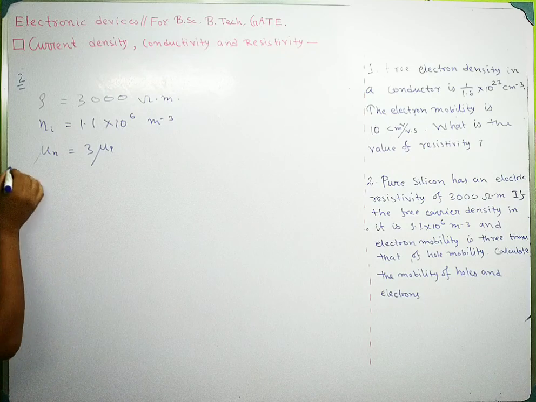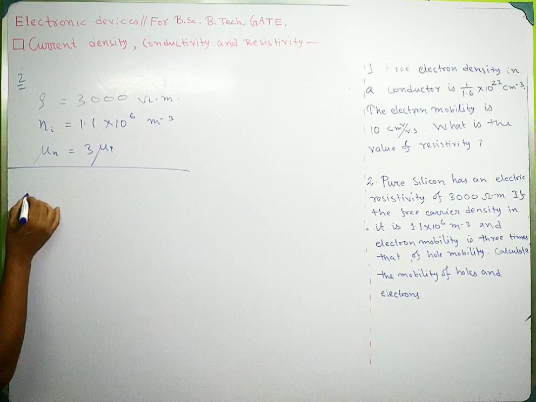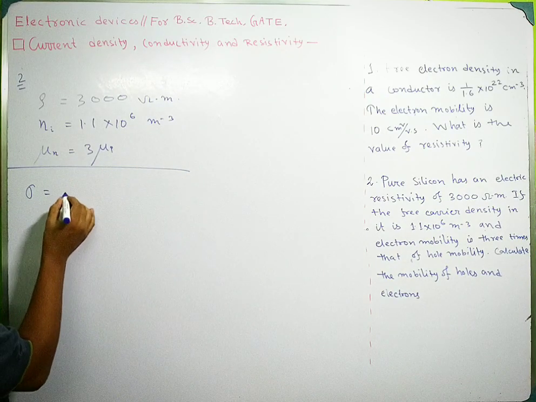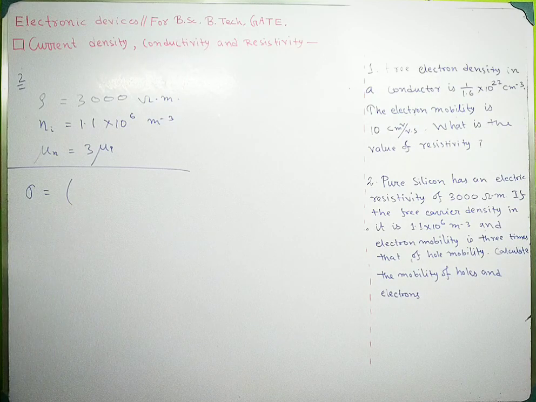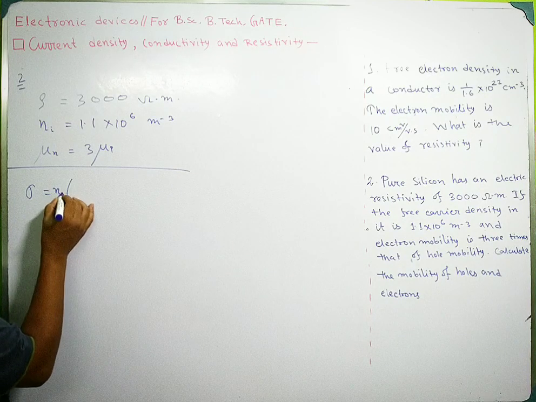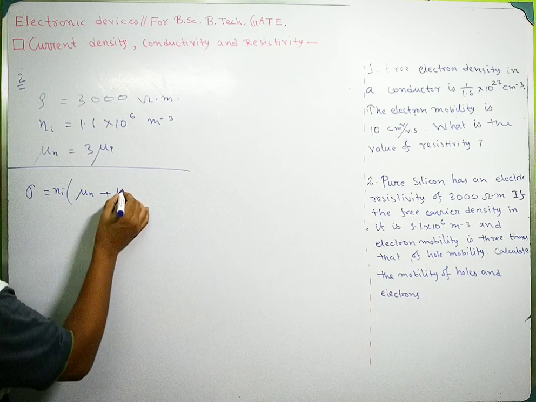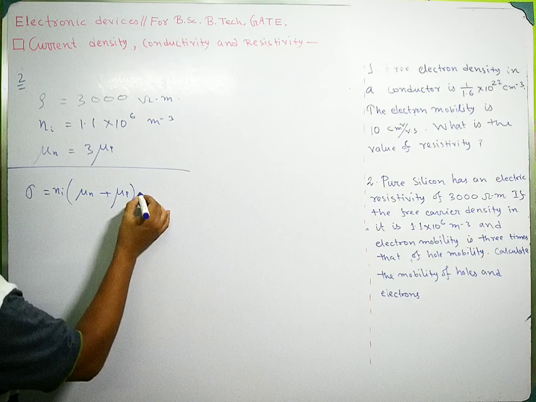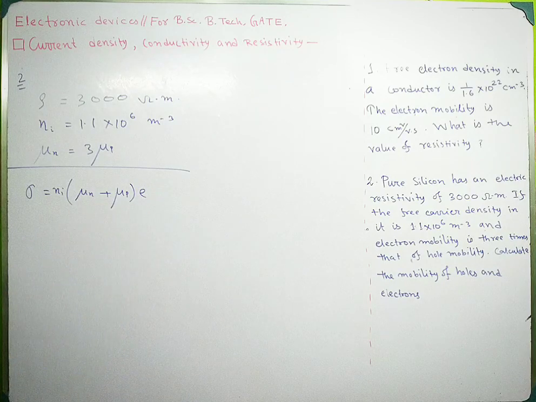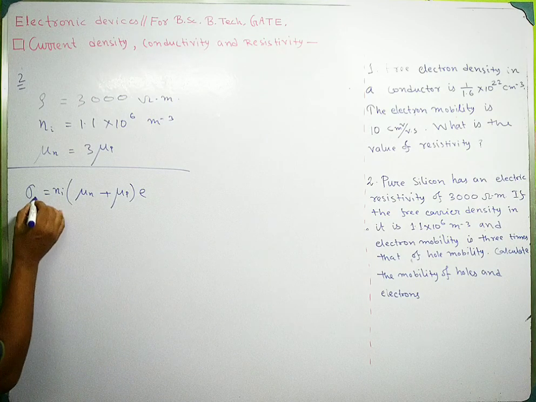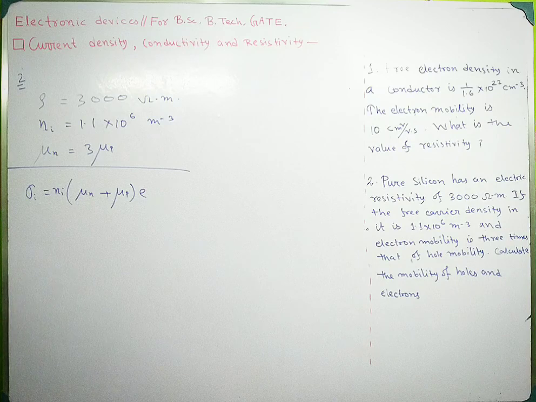So how to solve this problem? Sigma for an intrinsic semiconductor is given by Ni (mu n plus mu p) into E. This is the conductivity for an intrinsic semiconductor.